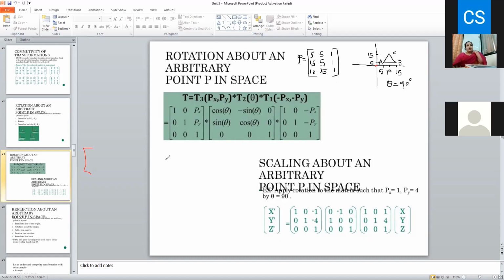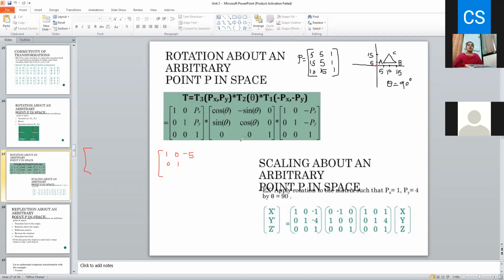So the T matrix is 1, 0 and Tx. So what is Tx? Tx is -5. Then 0, 1, Ty.